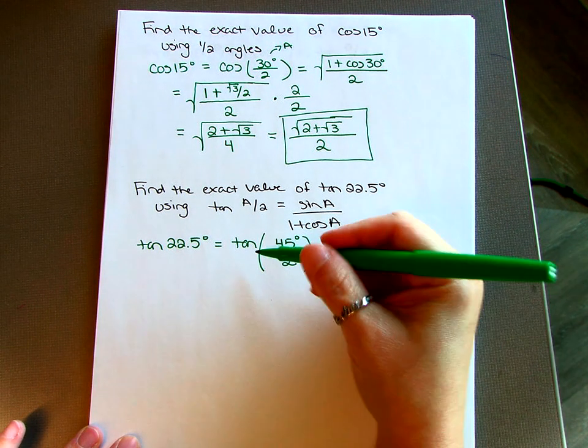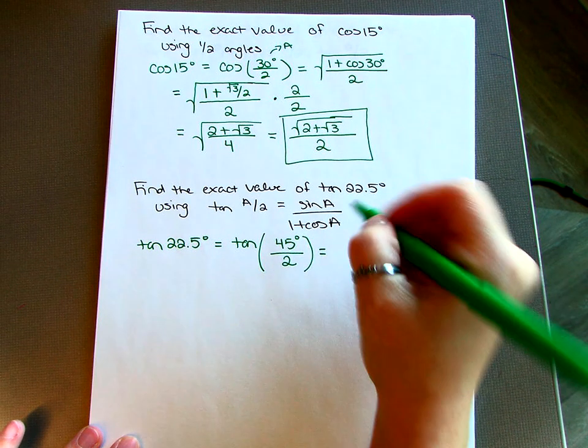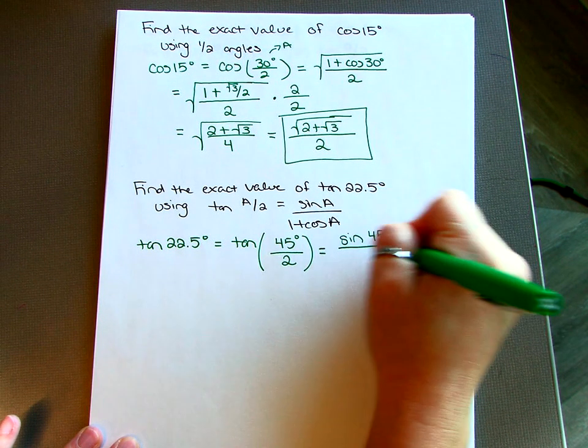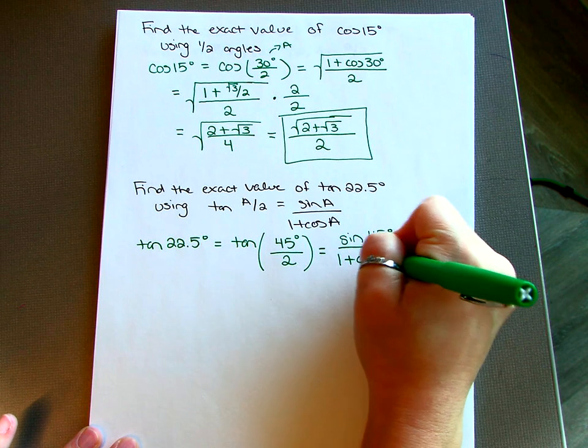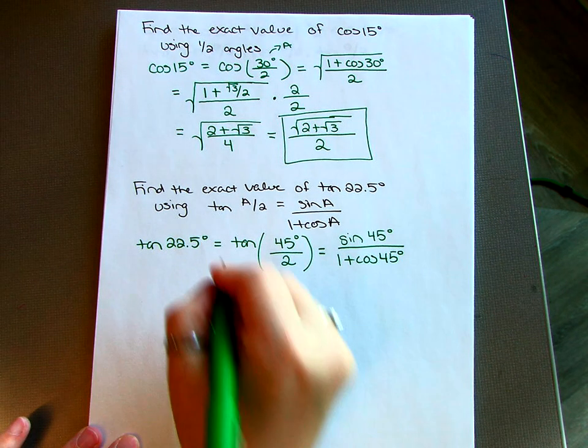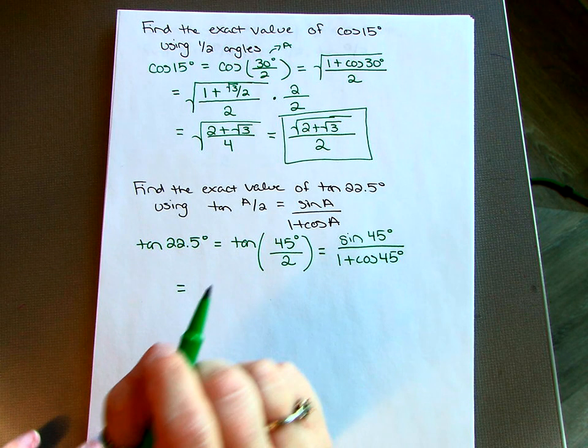So tangent of 45 over 2 is going to be sine of 45 degrees over 1 plus cosine of 45 degrees. Sine of 45 degrees is what?